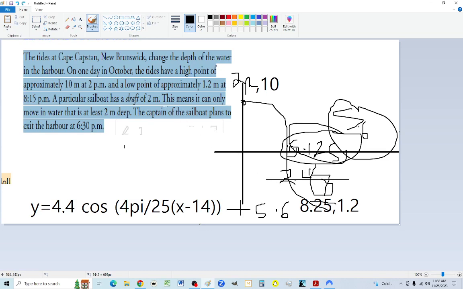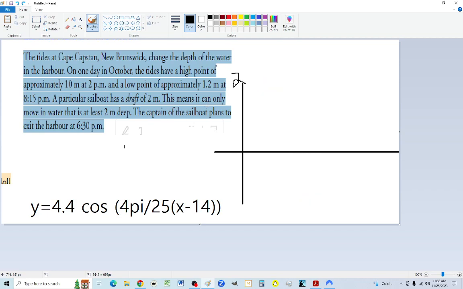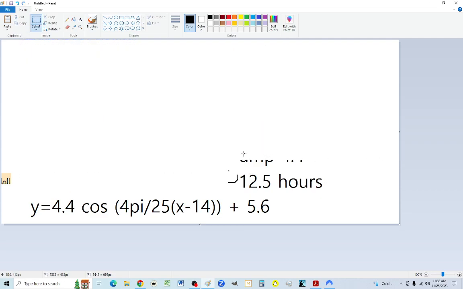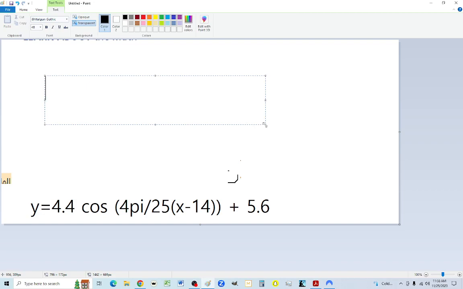and it's going to be fine. However, if you wanted to do this algebraically, there we go, 5.6, you could. You're trying to discover when y is above 2 meters. So when is 4.4 times cos, and let's just call this angle for now, plus 5.6, equal or bigger than 2.